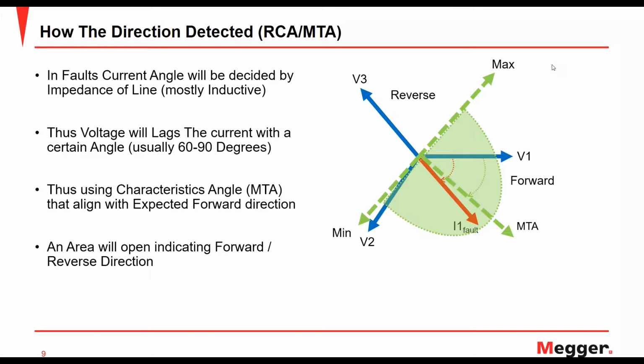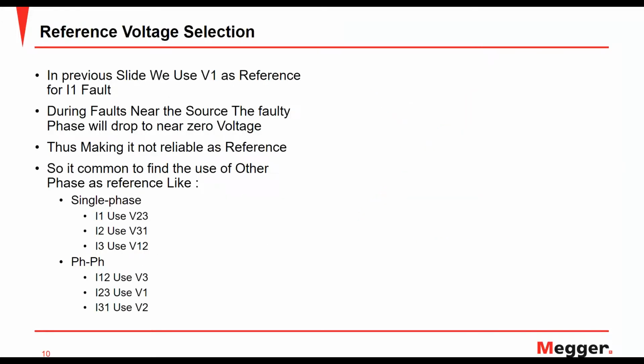The question raises itself now: is V1 a good reference for a fault happening in I1, or is VA good for faults happening on IA, or is VRED good for a fault happening in IRED? Well, the question here is, what is the best reference voltage to be selected, or reference voltage selection?